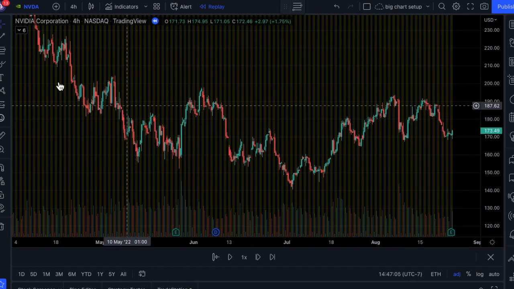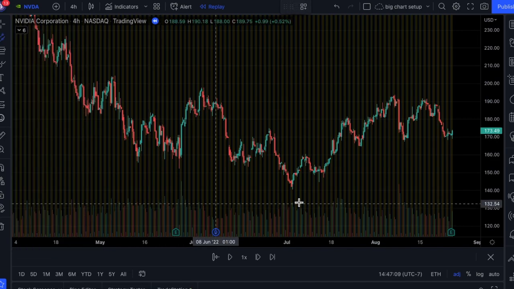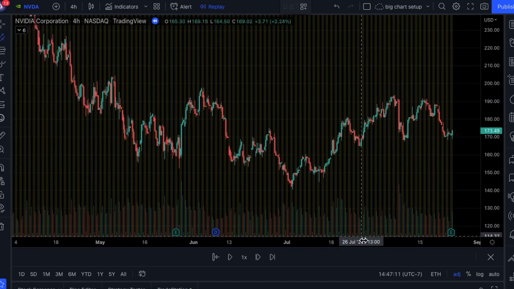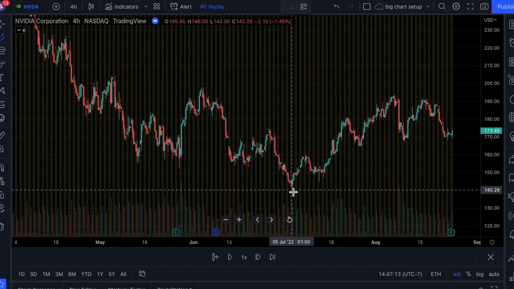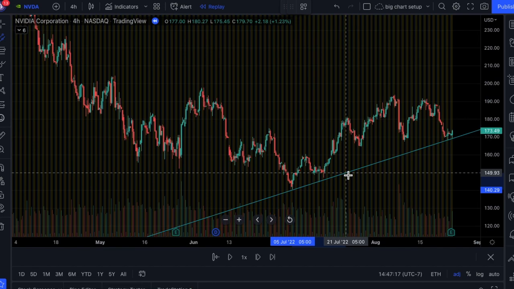One that I've been getting a lot of value out of is this parallel channel that Bender uses. The reason I like it: I do draw trend lines when I'm scalping during the day, and that helps me identify patterns.